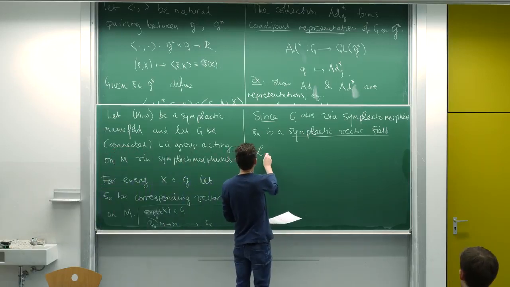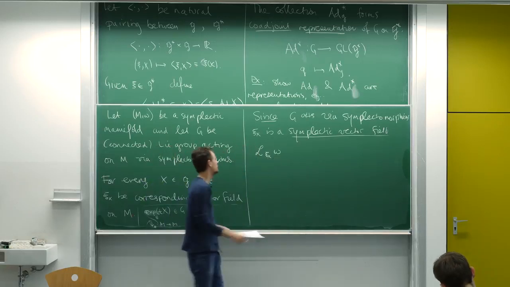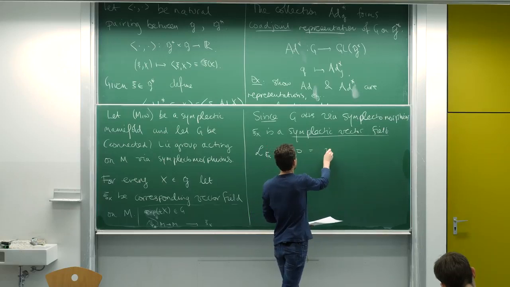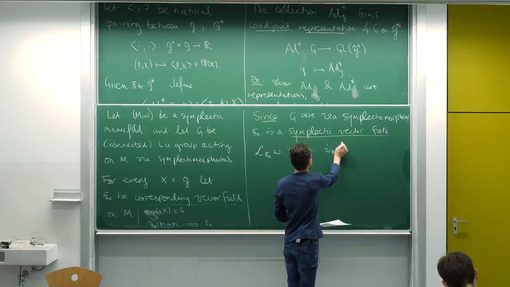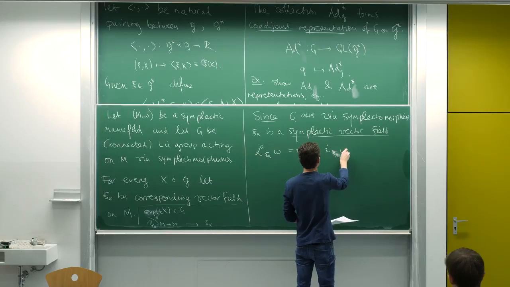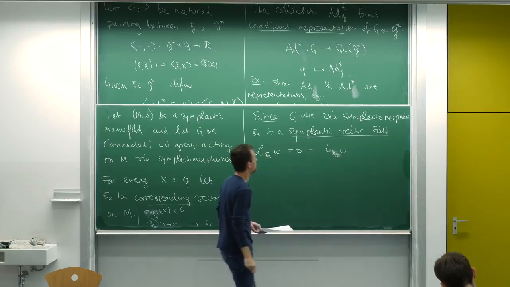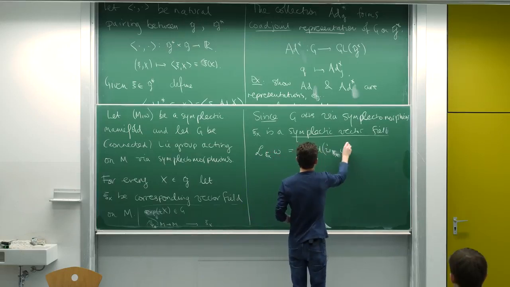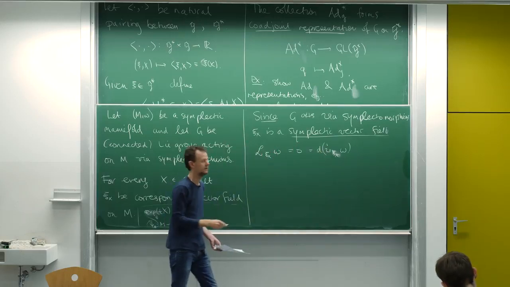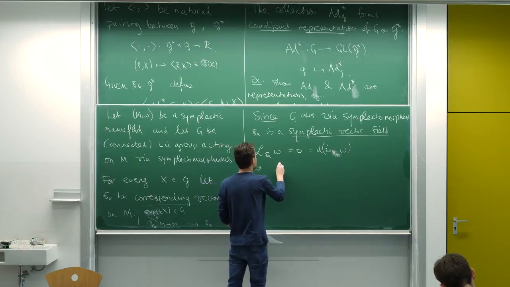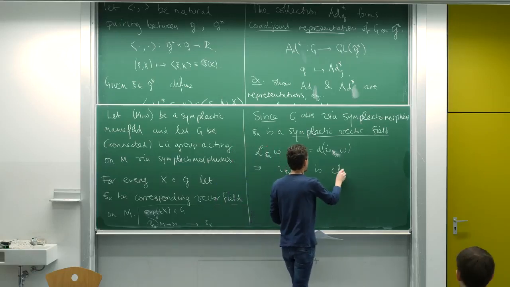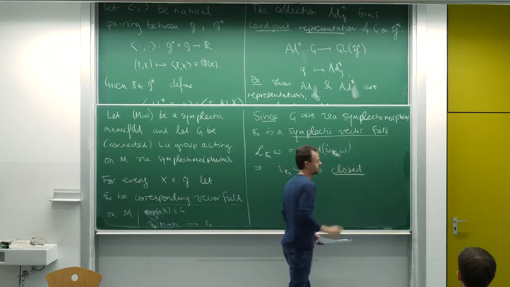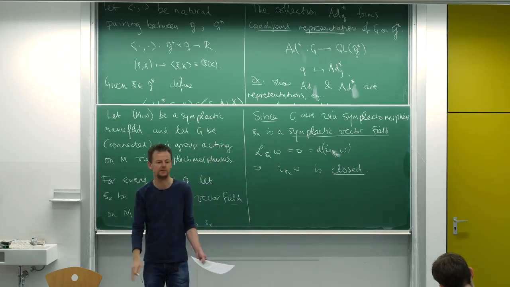And that means variously that the Lie derivative of the 2 form is 0, which equals the internal product of the 2 form. Oops, it certainly does not equal that. It equals that, which implies that the internal product of the 2 form is closed. So it's what we know about symplectic vector fields.